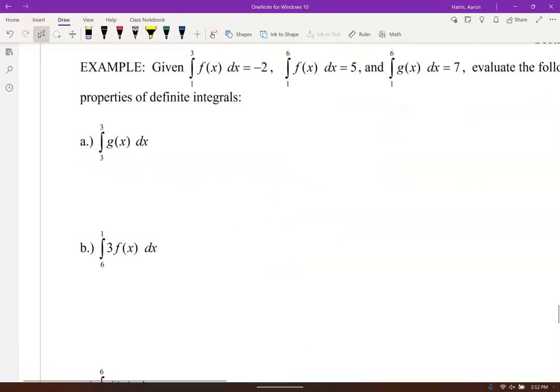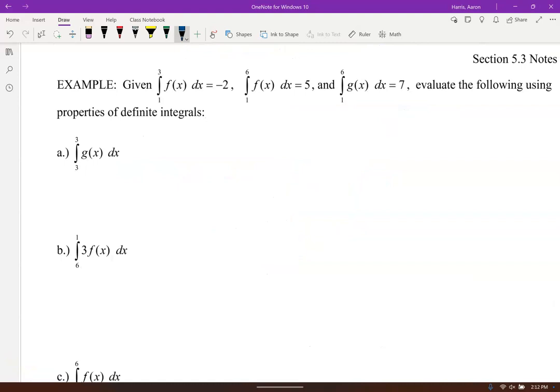All right, so this one we got 3 to 3. So this has got to be 0. Right? A to A, there's no width of that rectangle. 6 to 1. Well, I don't have a 6 to 1, I have a 1 to 6. So let me rewrite that, put a negative out front, and then I can change it to 1 to 6. And then 3 f of x dx.